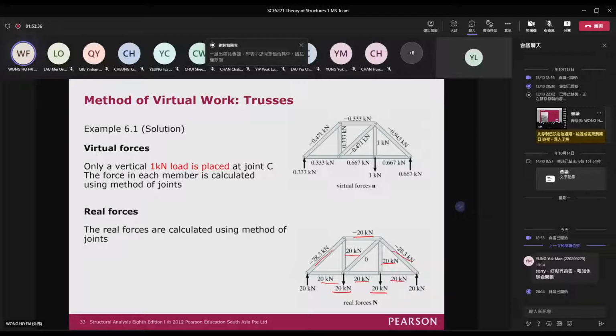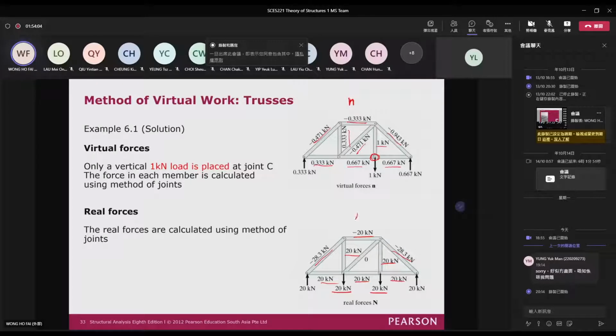And then as we want to find the deformation at the location C, right here, we can apply the 1 at the location C. And due to this one, we can find the member force in the other members. For this one, we indicate all the member forces as small letter n.